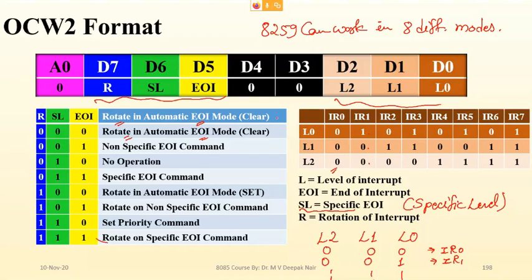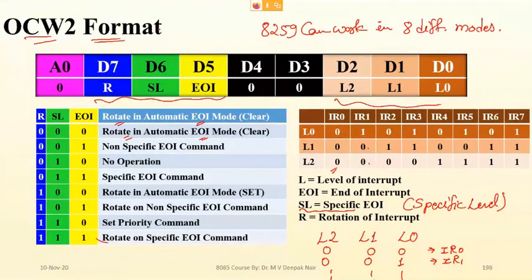And in which mode they are working you can identify with the 3 bits D7, D6, D5. So OCW in short tells you the mode in which the IC is working, and which of the interrupts are working in that particular mode.